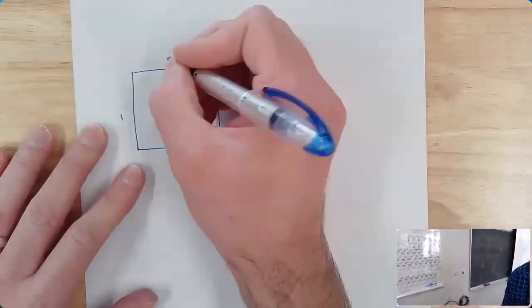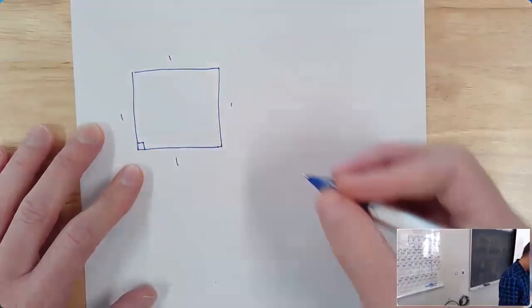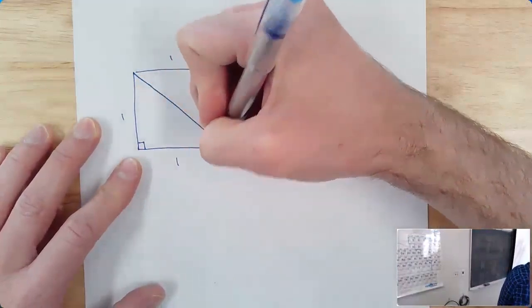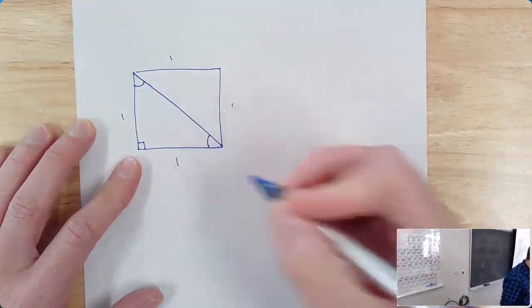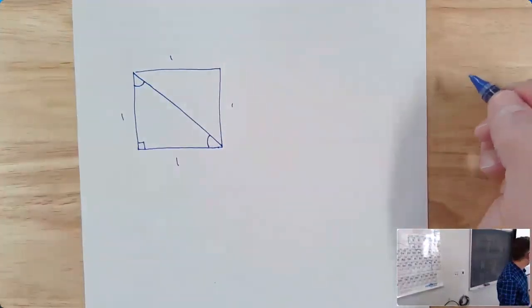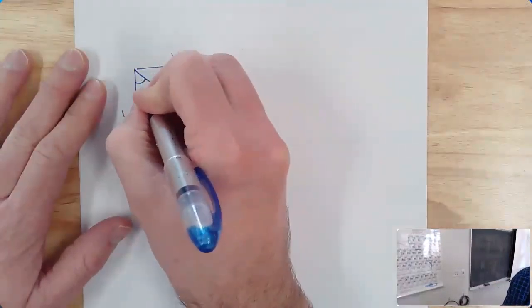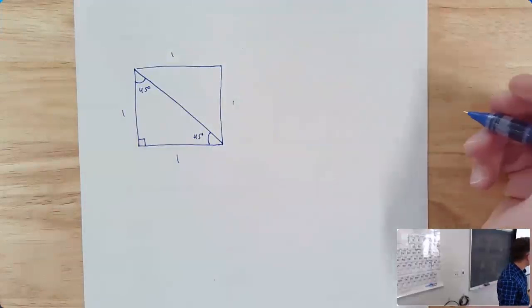So in this square, all of my angles are right angles. And if I cut the square in half, what are these 2 angles here that were 90 degrees before I cut them in half? 45 degrees. Or in radians, pi over 4 radians.